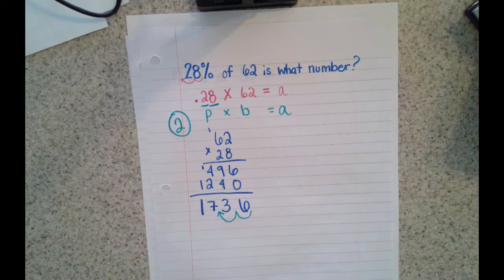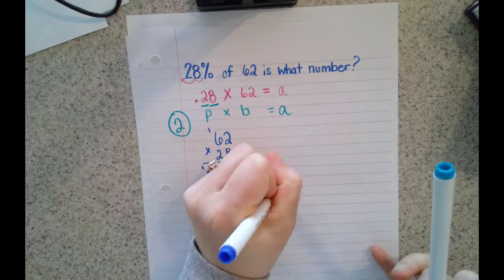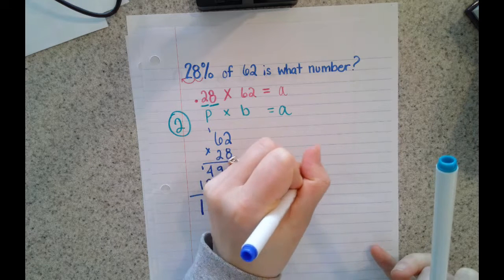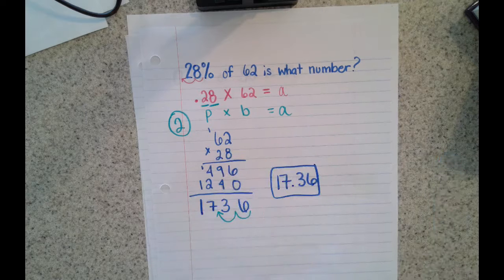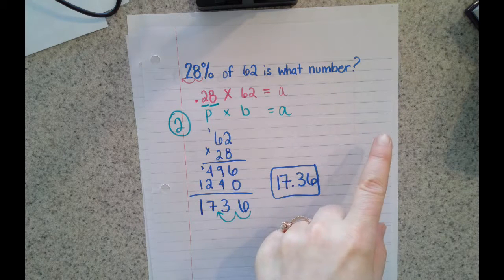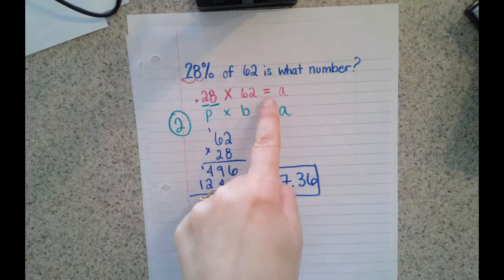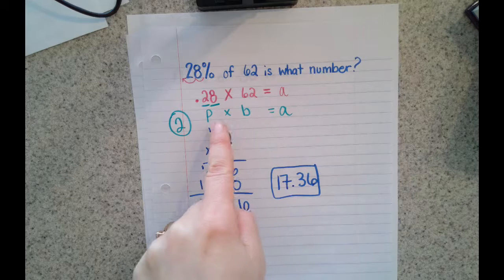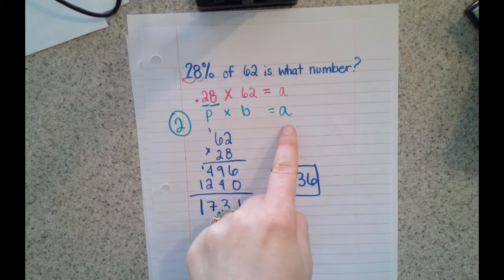And my answer would be 17.36. 28% of 62 is 17.36. Okay, now when you guys are solving problems like this, always keep in mind what of and is typically mean, but also keep in mind the percent equation as you solve.